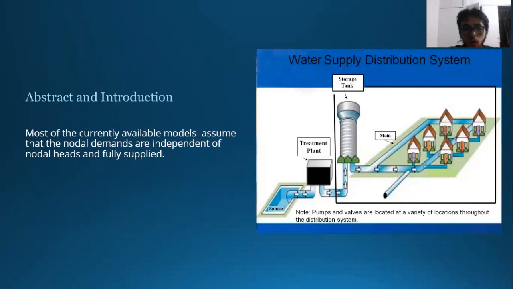In the introduction, they keep talking about the WDN, the water distribution network. It's a method that leads to a more accurate and more precise analysis. We know that the current WDN models assume that the nodal demands are fully supplied, but independent between each node.